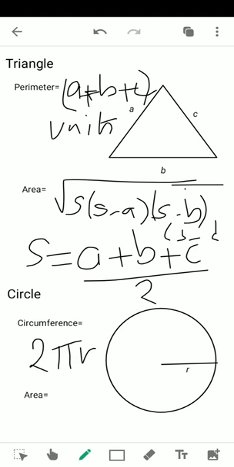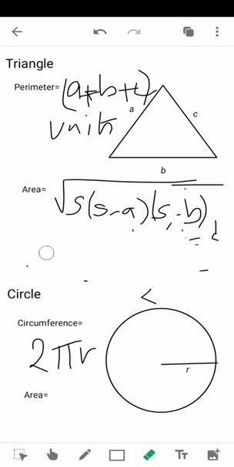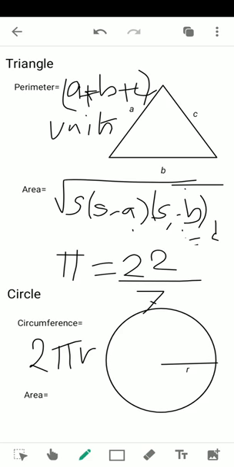Now you might be thinking, what is pi over here? Pi is a numerical value, pi equals 22/7, and r is the radius, that is the distance from the center of the circle to the circumference of the circle. So 2 pi r is how we can calculate circumference of the circle.